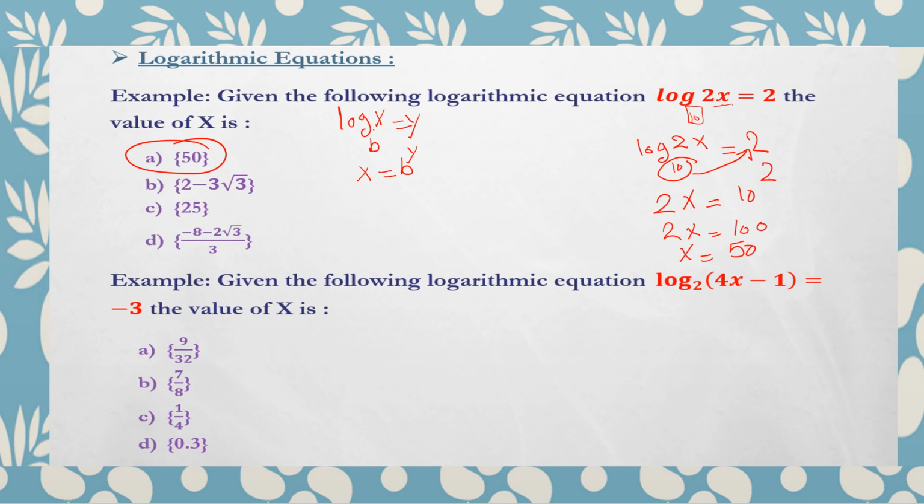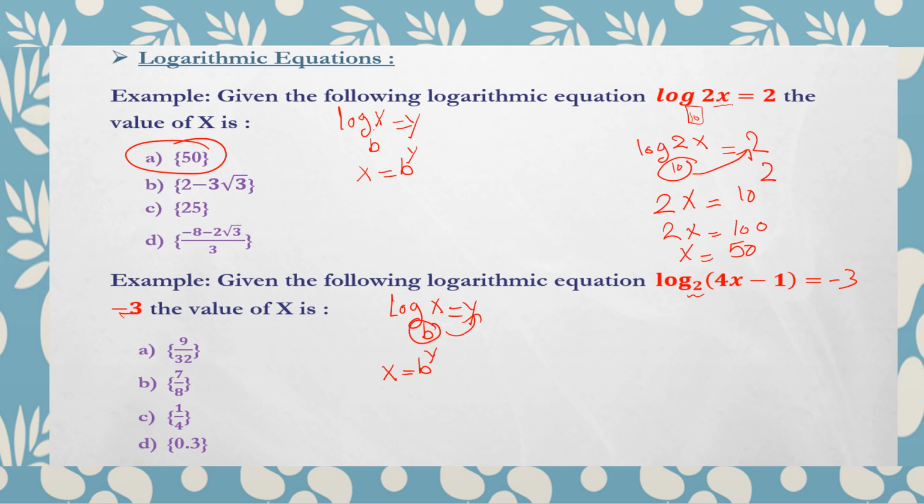Again, let's have another example. For the following logarithmic equation, find the value of x. Here, log for the base 2 for 4x minus 1 equals minus 3. Again, by using the property that says log x for the base b equals y, this means x equals b, the base, power y.